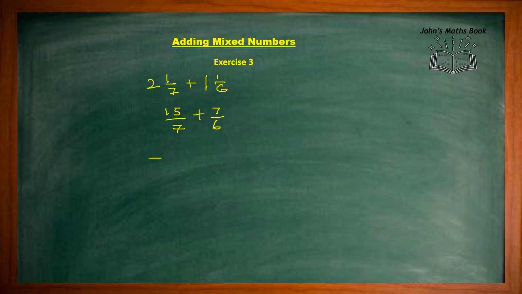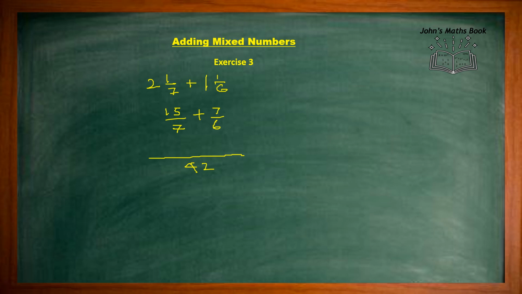Now let's find the lowest common denominator. In this case, it's 42. Multiples of 6 and multiples of 7 both make 42, and that is the lowest common denominator.